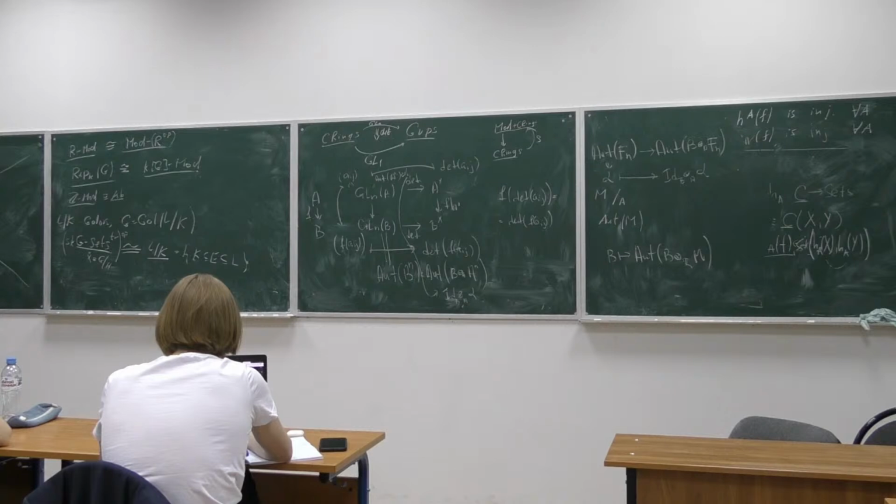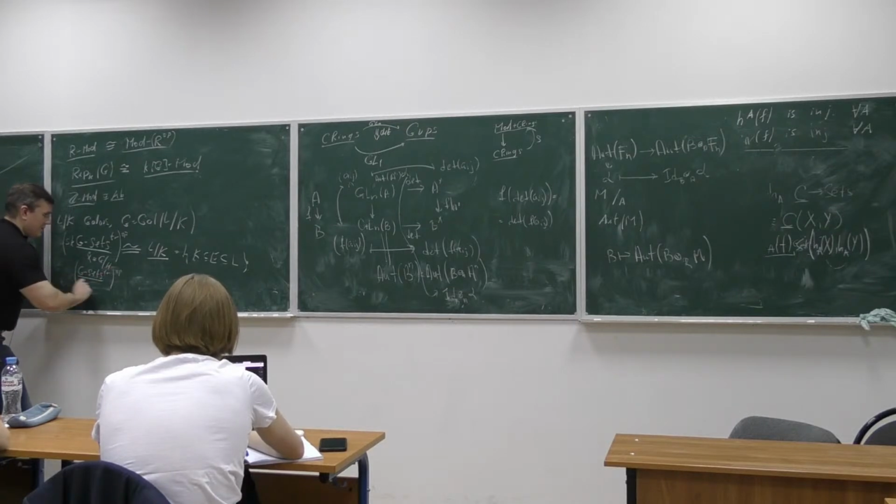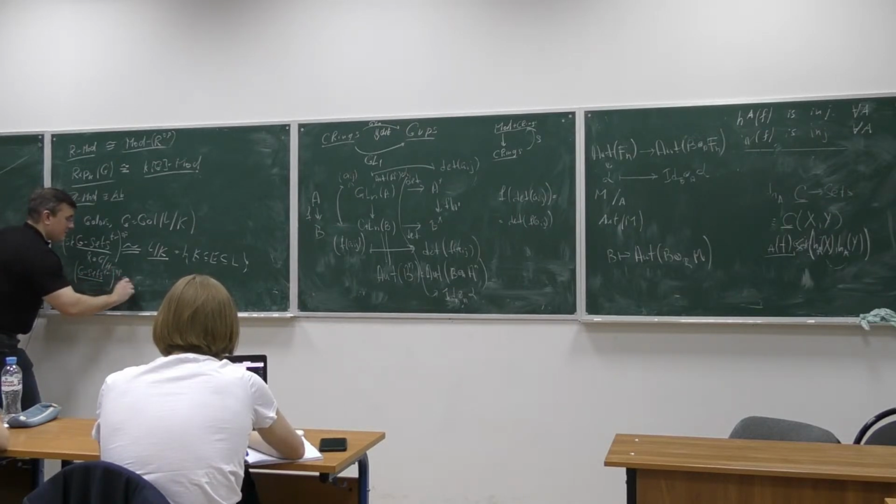Okay, so of course now there is a question. Let me do the following. I want to remove the skeleton. I want just to take G-sets, still transitive, opposite, and a weaker statement that this is equivalent to the same category.